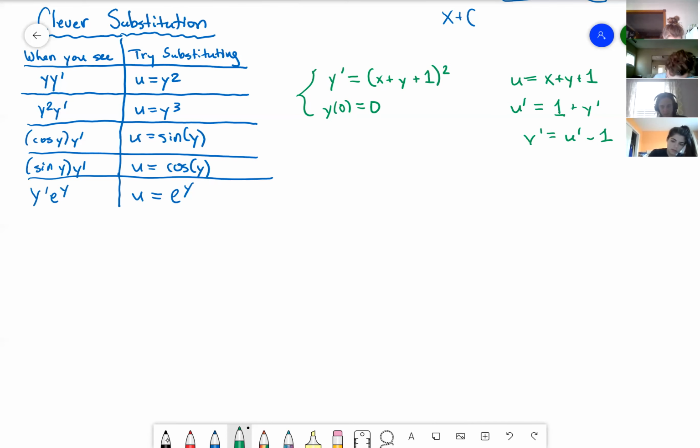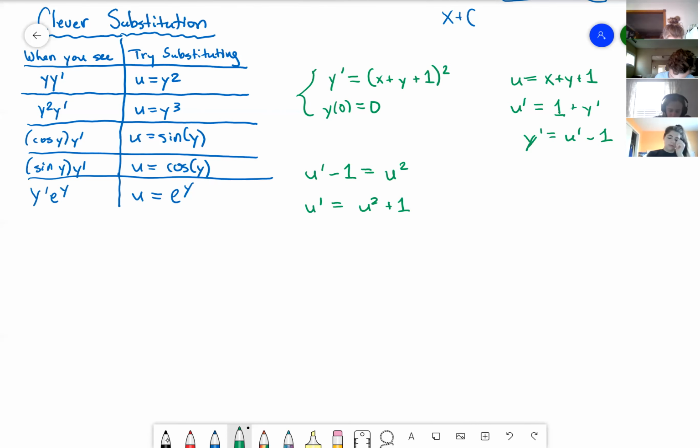I'm a little out of it today. And so we'll make the substitution: u prime minus 1 is equal to u squared, or u prime is equal to u squared plus 1.